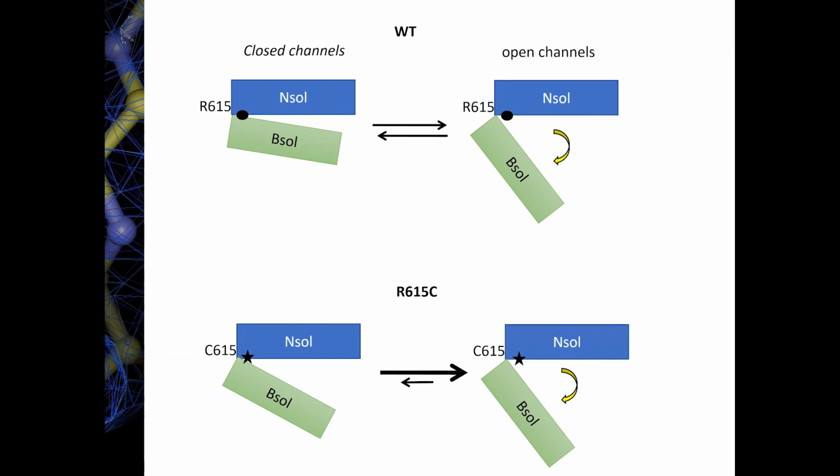So we think this nicely explains this kind of gain of function that you can see by functional experiments. And it really seems that this arginine 615 sits at what we would call a very critical position, a so-called labile interface that's involved in channel gating.